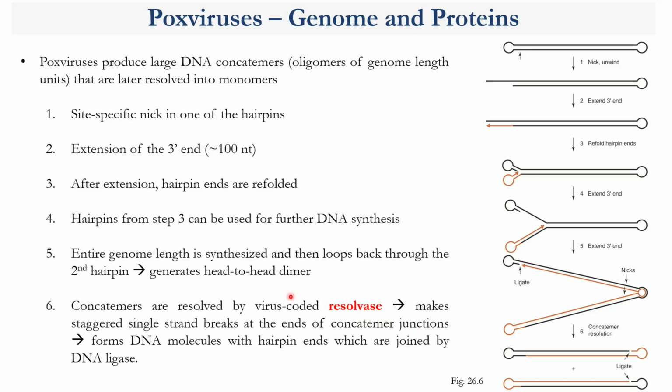So resolvase comes in, it makes single-stranded breaks in the ends of the concatemer junctions, which you can see from the previous slide. So again, you resolve these concatemers, and you form these DNA molecules with hairpins, okay?